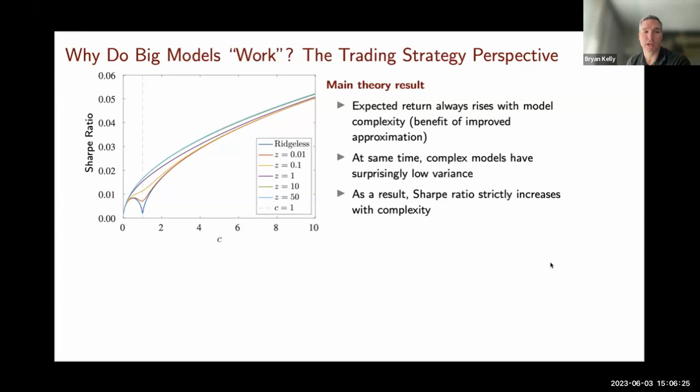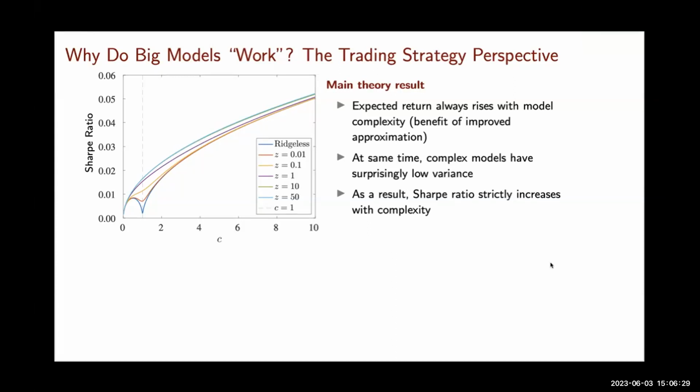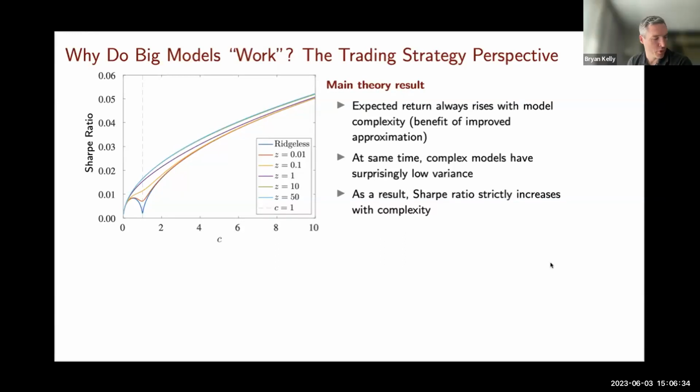Being able to do any sort of inference on the distribution of Sharpe ratios in the data is not something that we've tackled. I think it's doable, but it's going to be quite involved. Theoretically, we could describe a little bit of the behavior of the Sharpe ratio in terms of its distribution, but you're right, that's not a component of this paper. Everything here is about the expected out of sample Sharpe ratio. So it's a fair point. There's a distribution around these. This is the mean of that distribution.